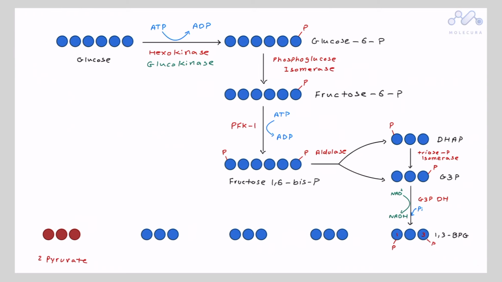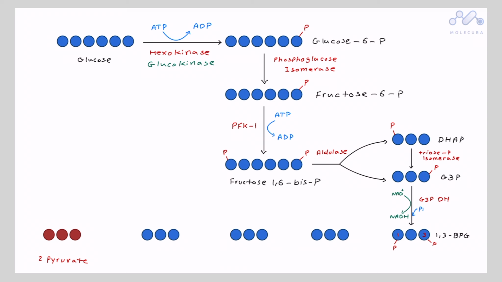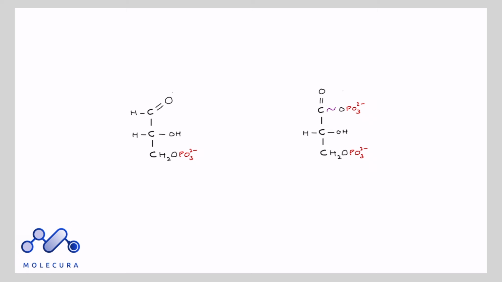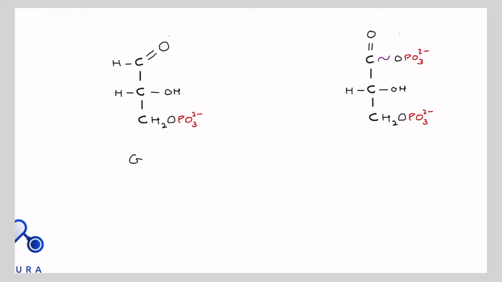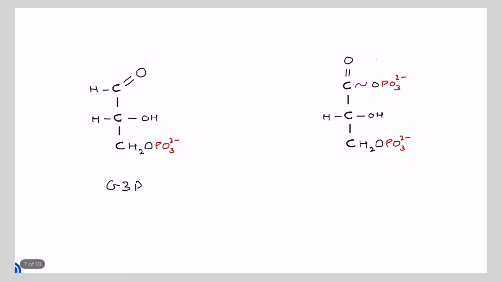Now, let's look at this from the molecular level to see what is happening exactly. This point of view is particularly important because we are looking at the specific bonds that are forming in this reaction. Here we have our glyceraldehyde 3-phosphate, and this is our carbonyl group.